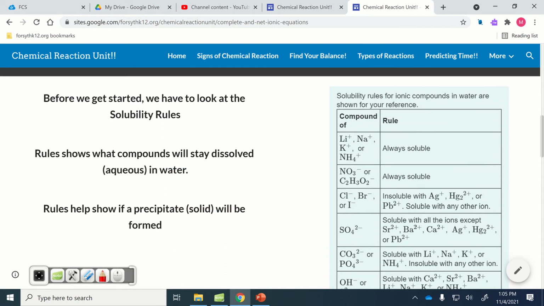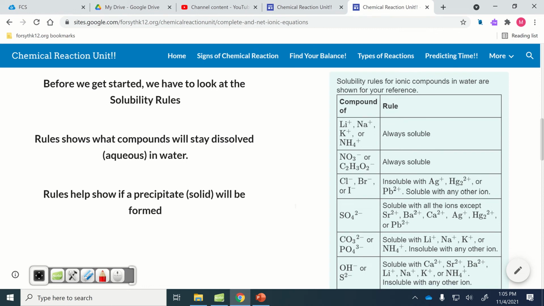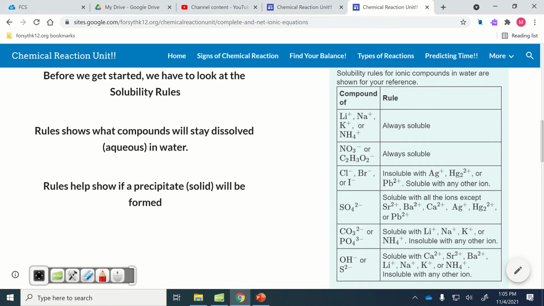The first thing we have to understand is what are called solubility rules, which you can see I have over to the side here. I'm trying to show as many as possible. There are more solubility rules than this, but this is generally what we are going to be looking at. There are some on here that we have to remember and memorize. These rules show what compounds will always create an aqueous solution, will always be in ionic form when they're placed in water.